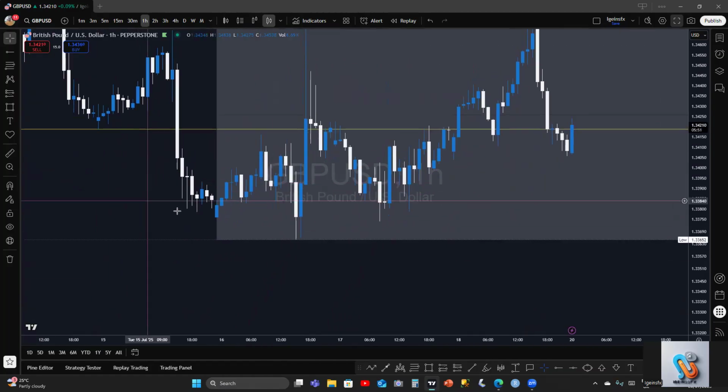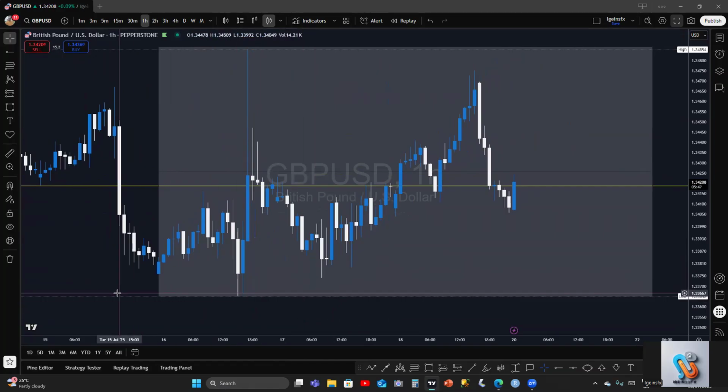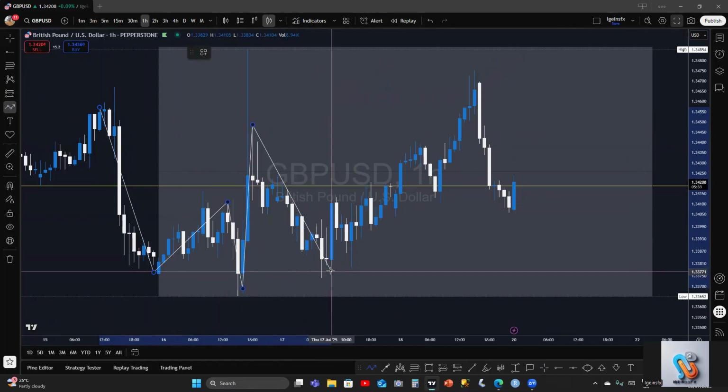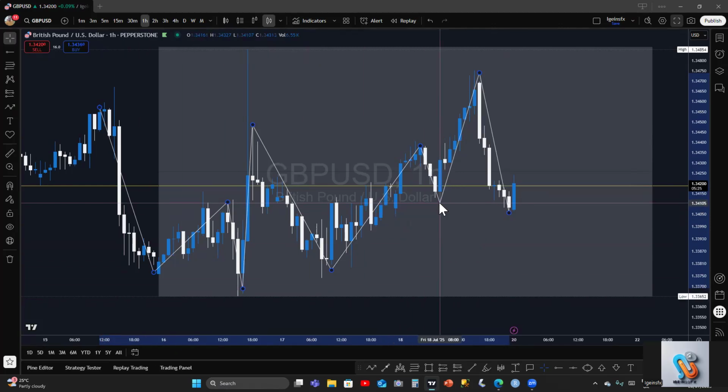But anyways, when you analyze this very properly, you discover that the trend is gradually pushing to the upside. It came down like this, and it's up.